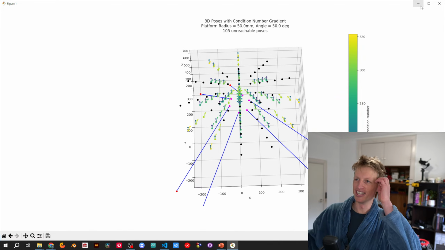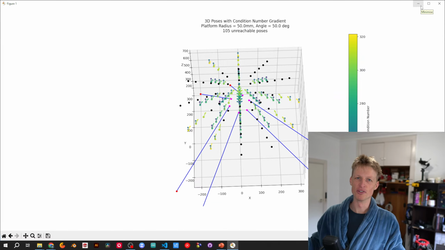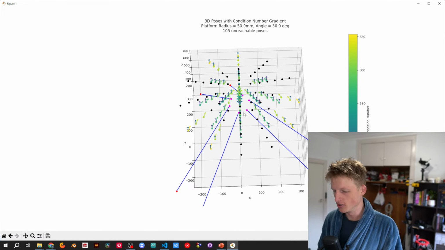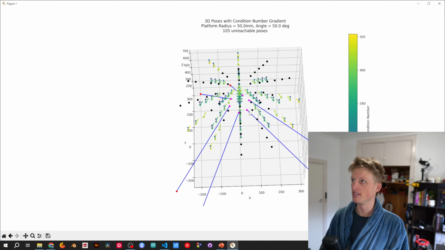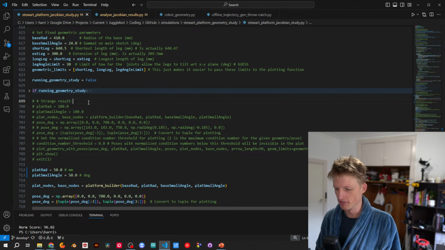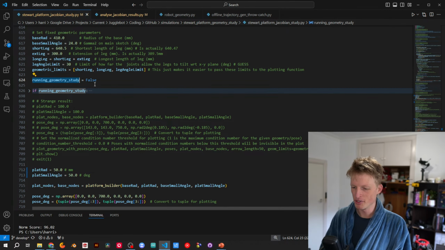But I don't want to be sitting here running this simulation 1,000 times for all of these different geometries. I want to see what radius is the best and what angle between the 2 nodes is the best. So I have this section of this script that is the running geometry study.